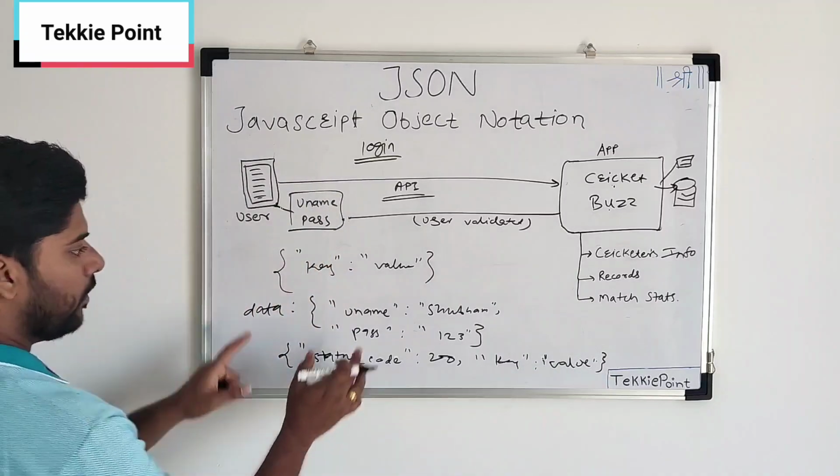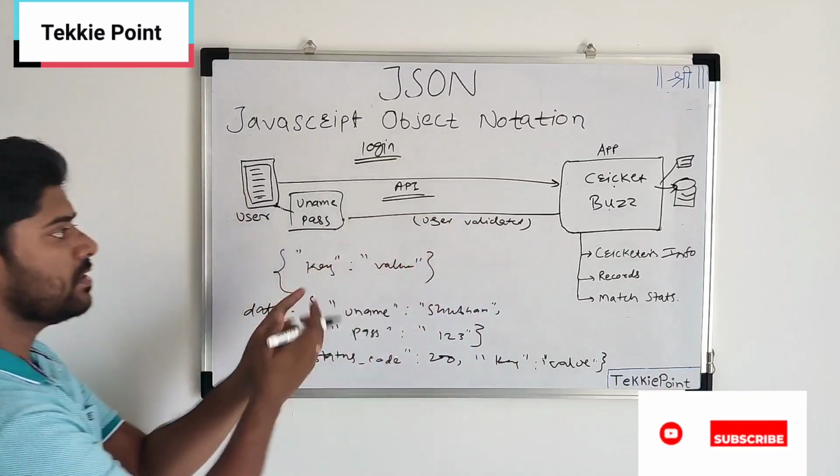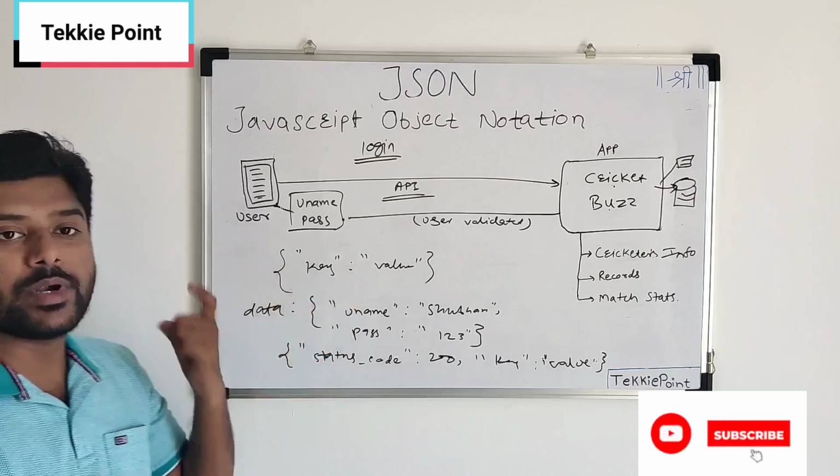Right. So the data information can be exchanged between two applications by using the JavaScript Object Notation, or JSON, format.